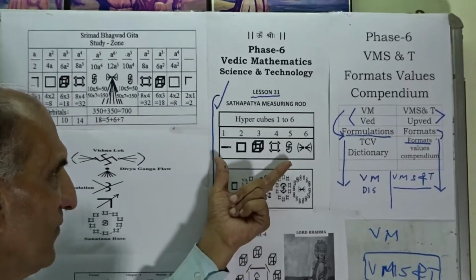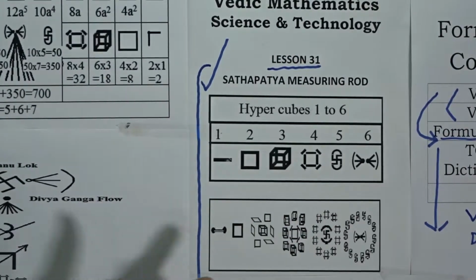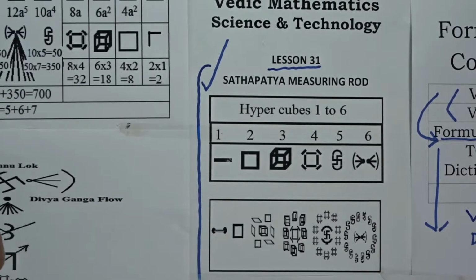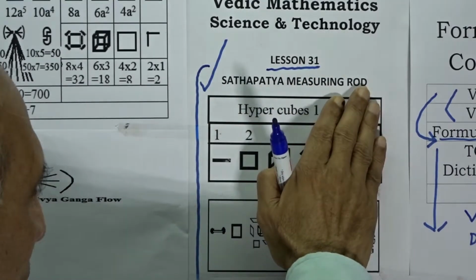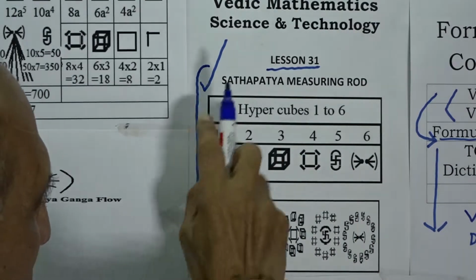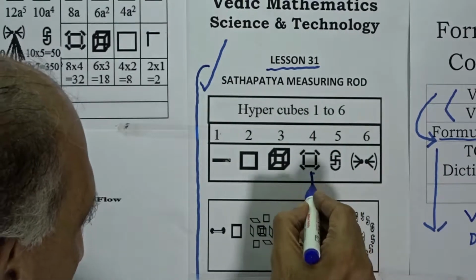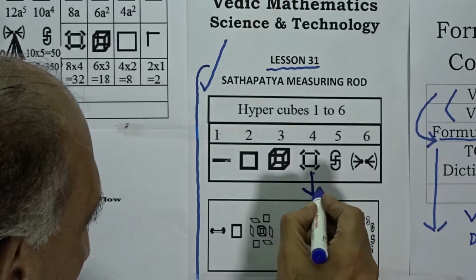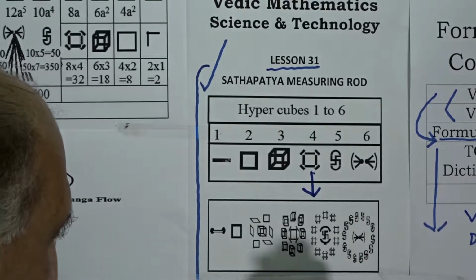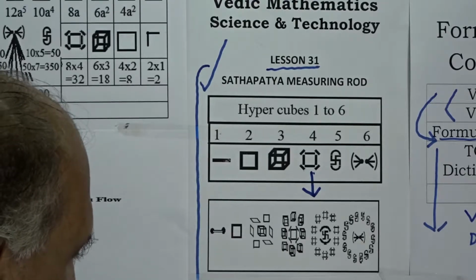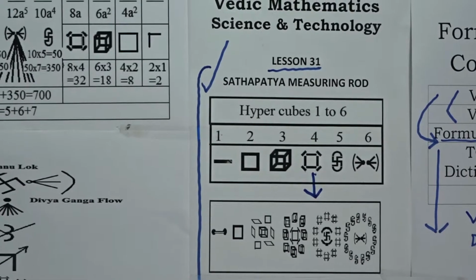Therefore, the basic format along which all these aspects are going to get unified is the format of a Sthapatya Miring Rod. Amongst this format, hypercube 4, the representative body of a 4 space, is of central focus, as 4 space is a creator's space.